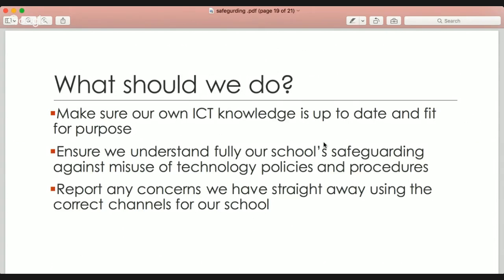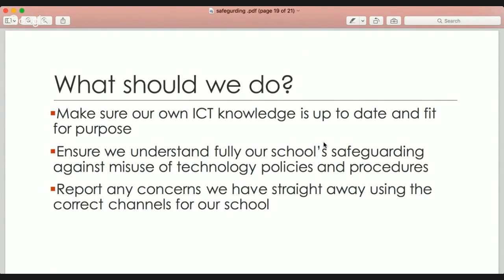And please report any concerns straight away using the correct channel that your school has set in place. Now, these vary slightly from school to school. So if you've changed school, don't assume it's exactly the same as it was in your other school. Make sure you know exactly how it works for the school that you are in now, and do it.